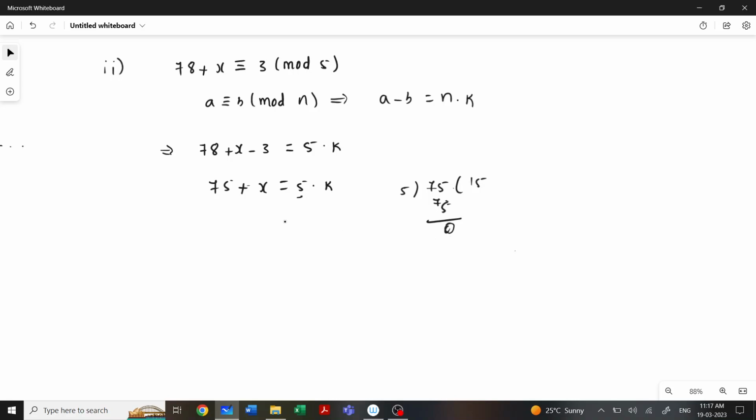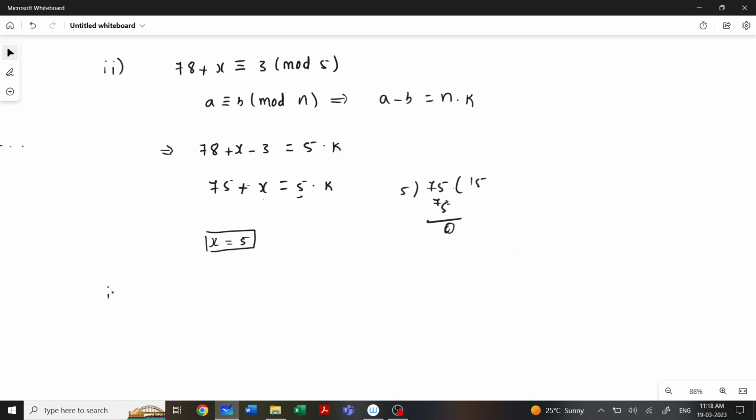So the next number we have to search for is by the trial and error method. Give values to x such as 1, 2, 3, 4 such that the LHS sum is divisible by 5. If I put 1, you get 76; 2 gives 77, like that. These are not divisible by 5. So the least positive value of x is 5. If I put x equal to 5, it gives 80, and 80 is divisible by 5. In this way, by the trial and error method, we can calculate the value of x.